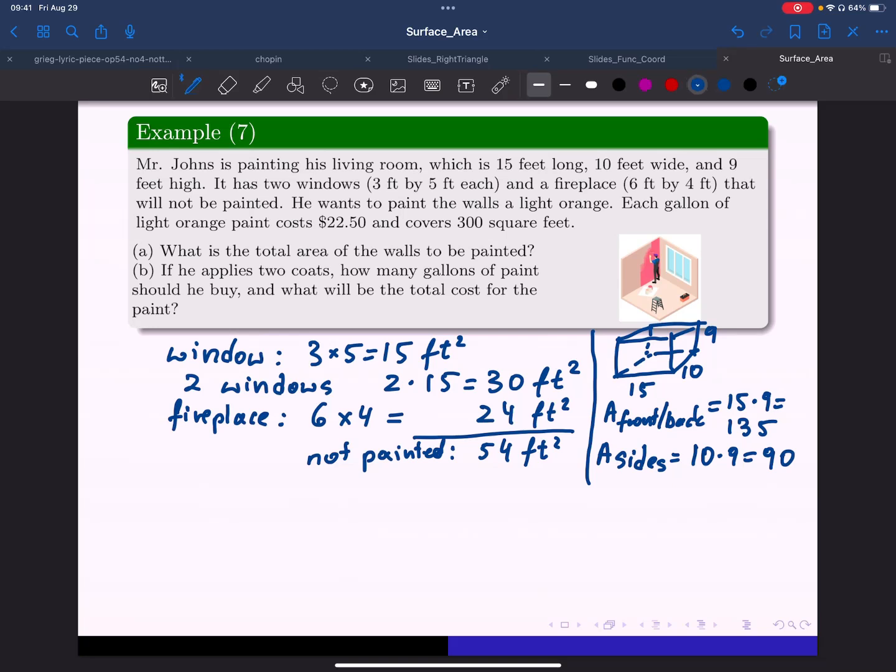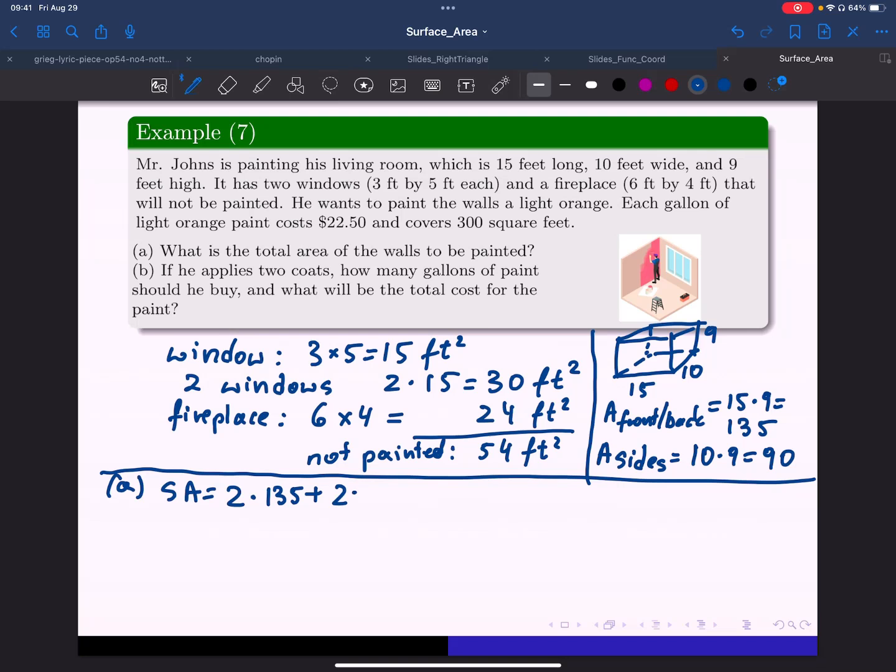So the surface area to be painted would be 2 times 135 plus 2 times 90. So we have two of the walls: one wall is front and the other wall is back.